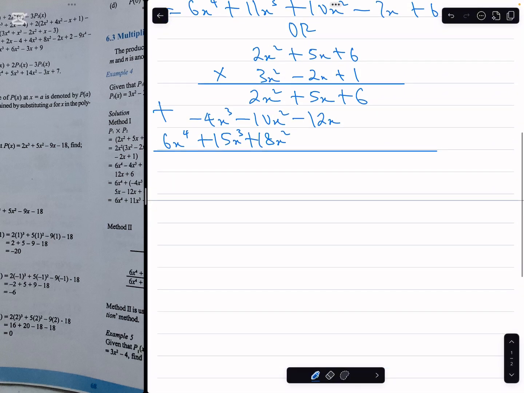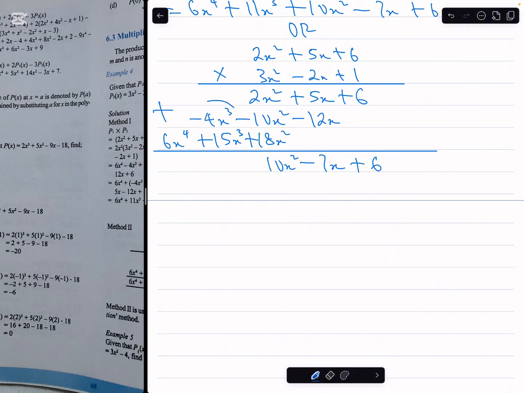The whole of that. 6, that's 6, plus 5x minus 12x, that's minus 7x. Now 2x squared minus 10x squared is minus 8x squared, plus 18x squared, that's plus 10x squared.